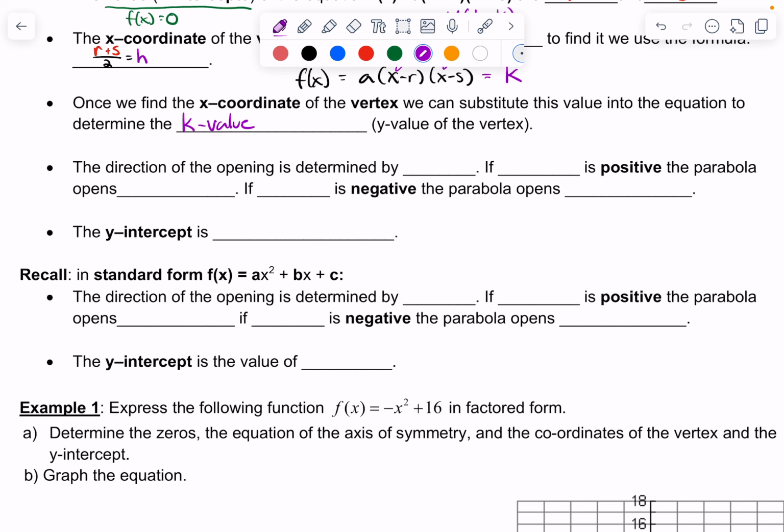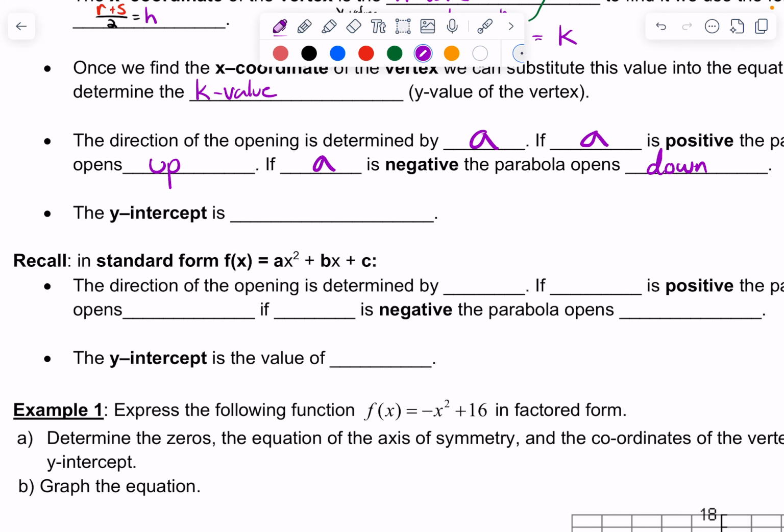And so the direction of the opening of a parabola is determined by a. If a is positive, the parabola opens up. If a is negative, the parabola opens down. And when it comes to calculating the y-intercept, that happens when x has a value of 0.